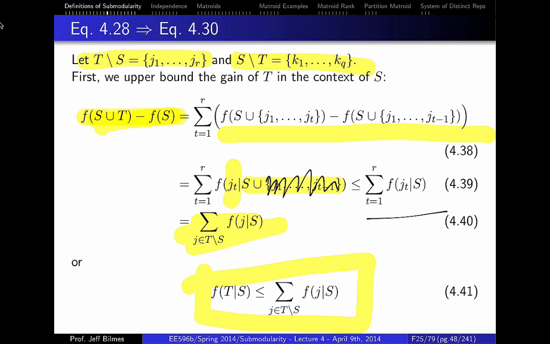If S is the empty set, it's just the independence upper bound of the entropy. But here it's true of any submodular function, and it's conditional, conditioned on S. So for those familiar with information theory, it's not a surprising bound.